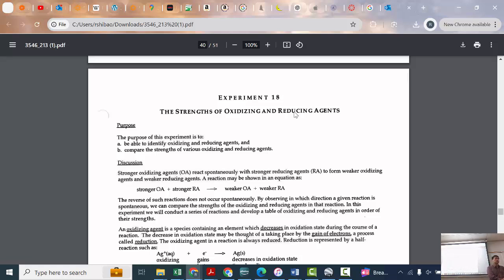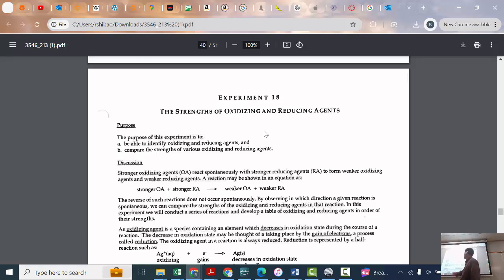Kind of. We talk in terms of oxidizer, oxidizing agent, OA, or reducer, reducing agent, RA. The driving force for redox typically is a stronger oxidizer to a weaker oxidizer, or a stronger reducer to a weaker reducer.